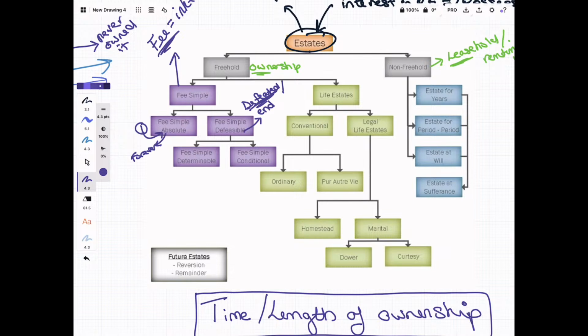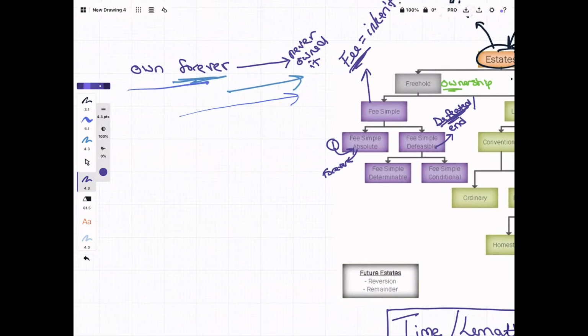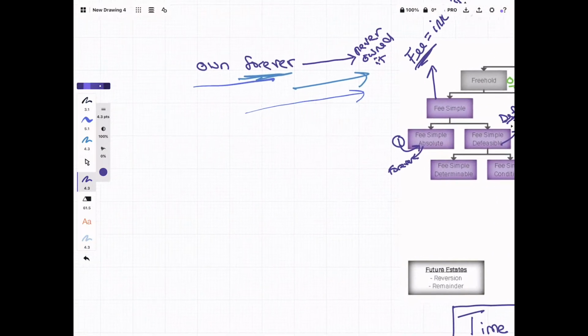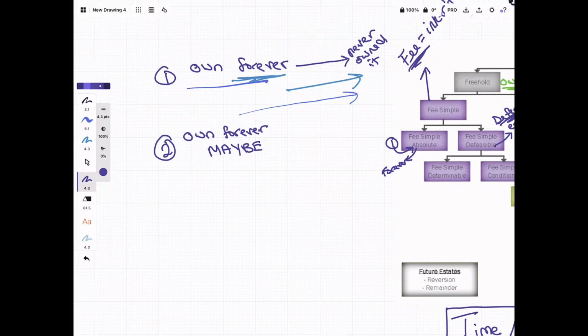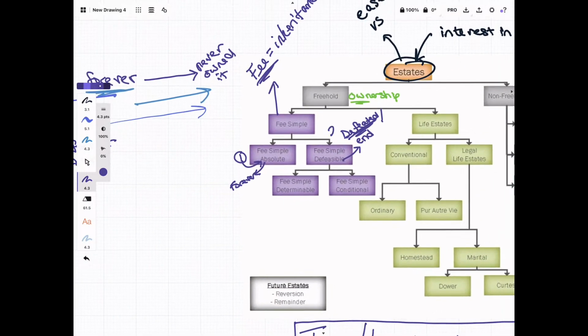We had ownership forever, and then we said own forever, maybe. That was our first step. That's our second step. This is our maybe ownership.